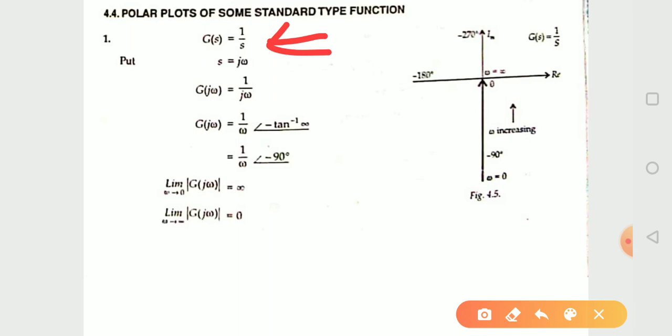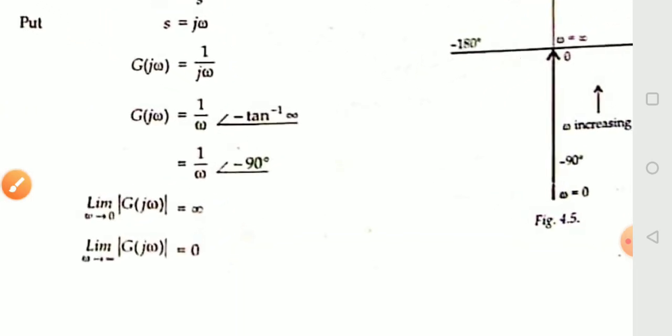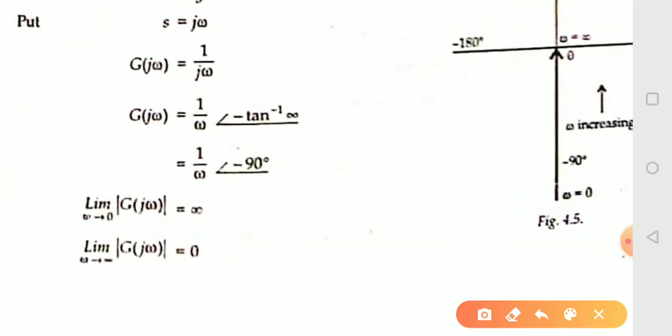So in this equation we put j omega, and the equation becomes G(j omega) equal to 1 over j omega. Now we write this transfer function in the form of magnitude and angle.